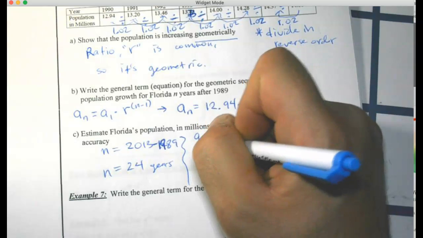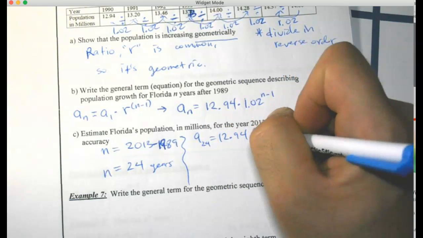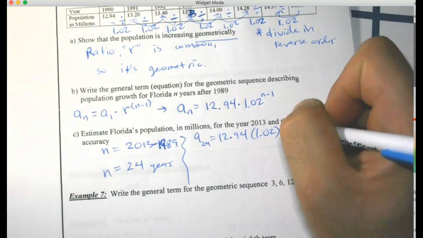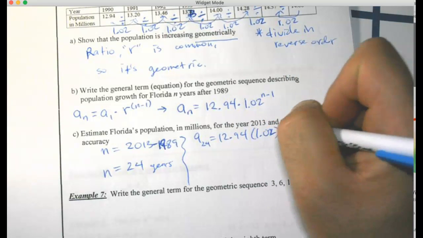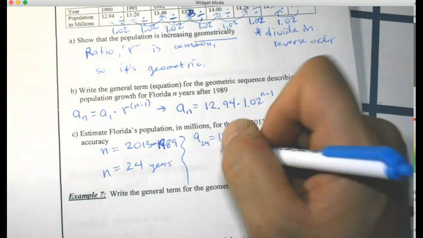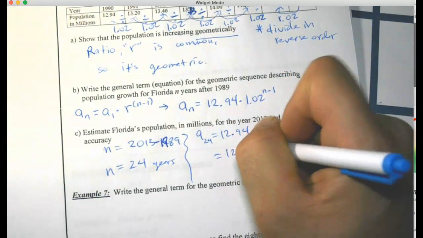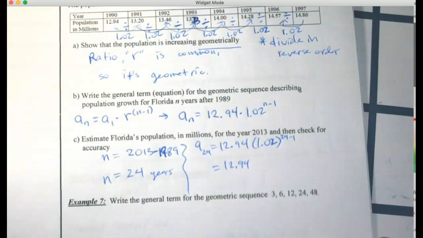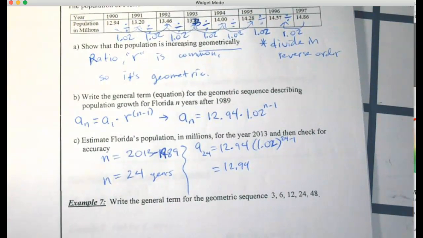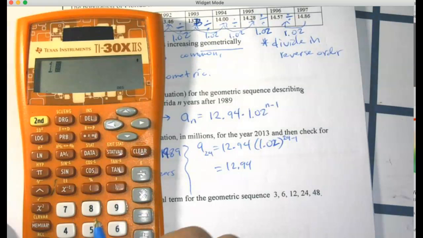A sub 24 equals 12.94 times 1.02 to the n minus 1, so 24 minus 1, that's 23. Definitely use a calculator for that. So 1.02 to the 23rd power. Raise it to a power with this little arrow key, at least on this calculator.